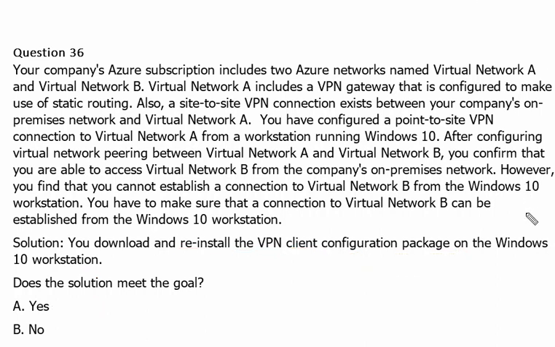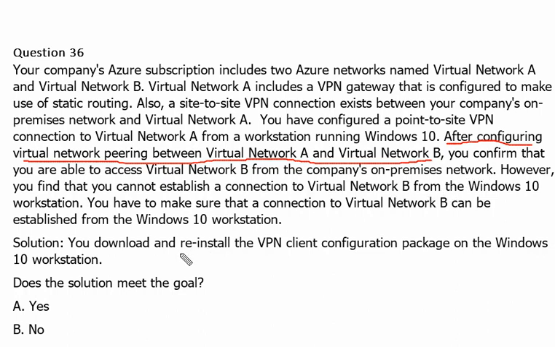As per this question, we have changed the network topology after configuring the virtual network peering between virtual network A and virtual network B. You confirm that you are able to access this one, but we have made some changes, meaning we have started the peering in the network.